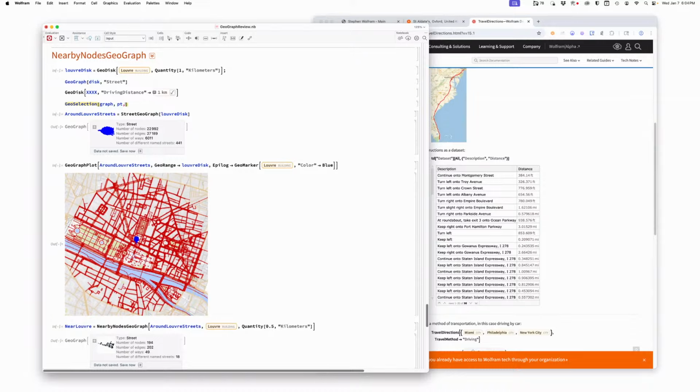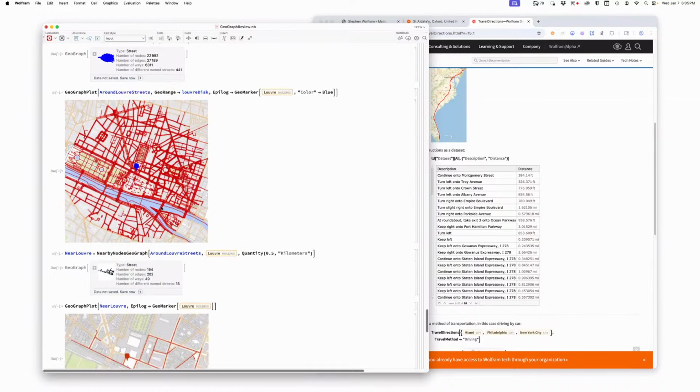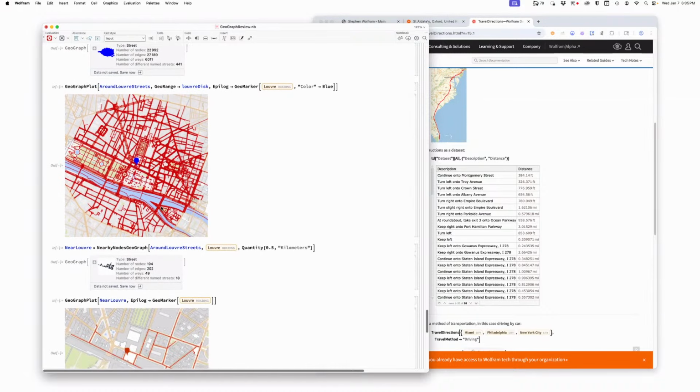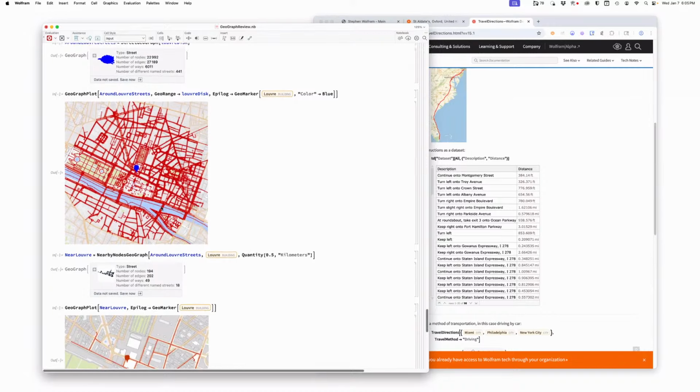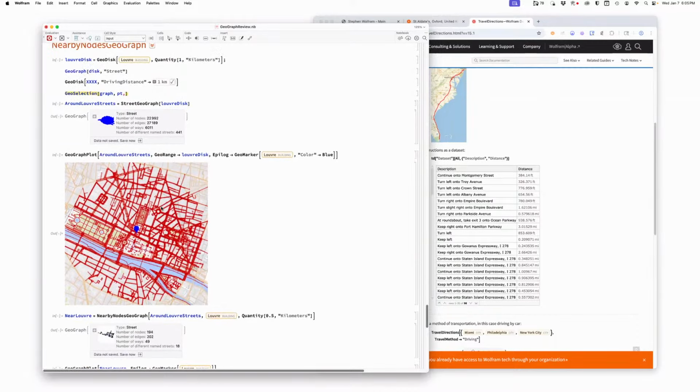It would be nice to get the idea of a ball or something. What did you call this? Nearby nodes GeoGraph. No, that makes no sense.